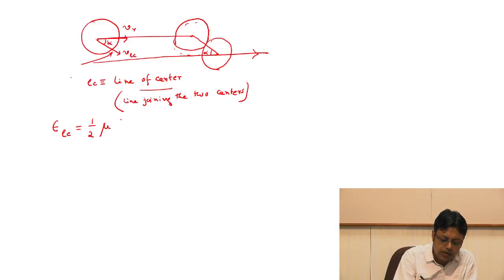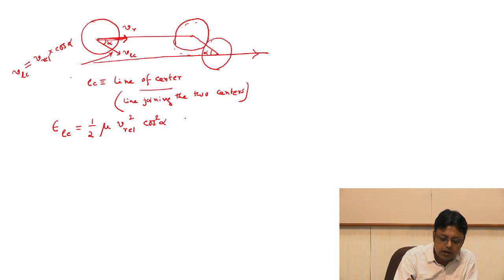Then we write the v relative. The component along this line of center, VLC, is v relative into cos alpha. So this will be v relative square into cos square alpha.